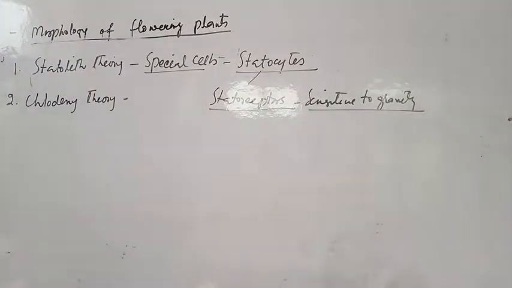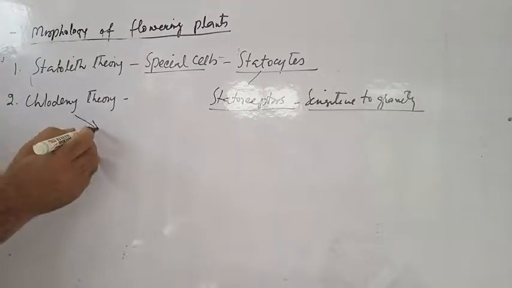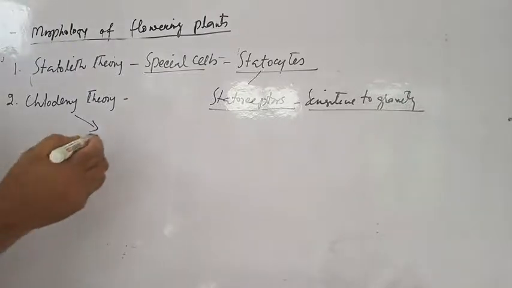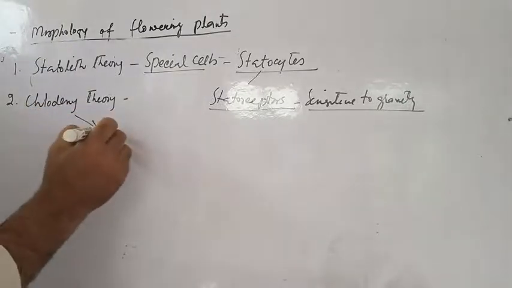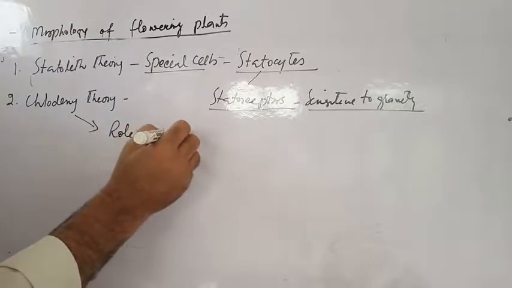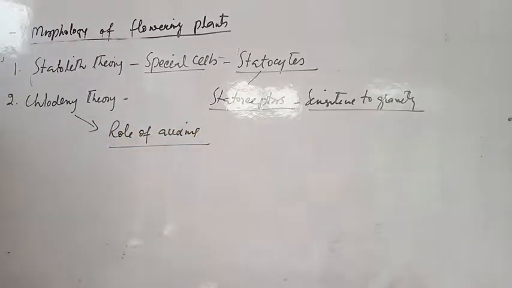Second concept, that is Killador theory. This theory gives stress on the role of auxins in phototropism and geotropism. That is, here in this theory there is a role of auxins.